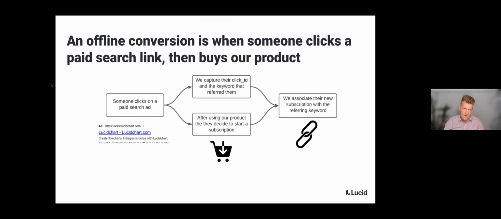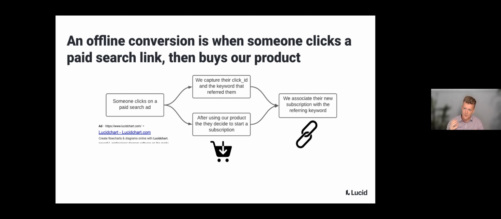So I'm sure you've all seen this kind of ad before. Every time you search anything, basically the flow is somebody clicks on a paid search link. We capture the unique identifier for their click, and we get information on the keyword that referred them and the search engine that referred them. Separately, that user can decide to use our product and start a subscription.